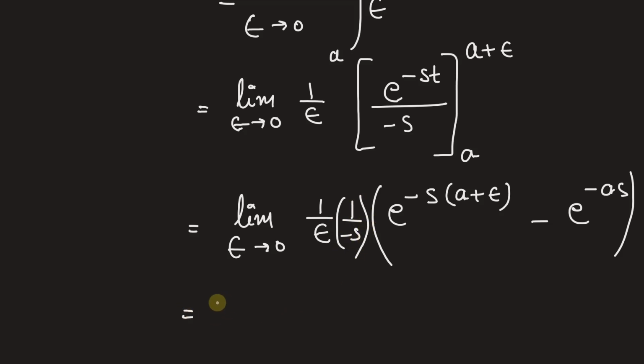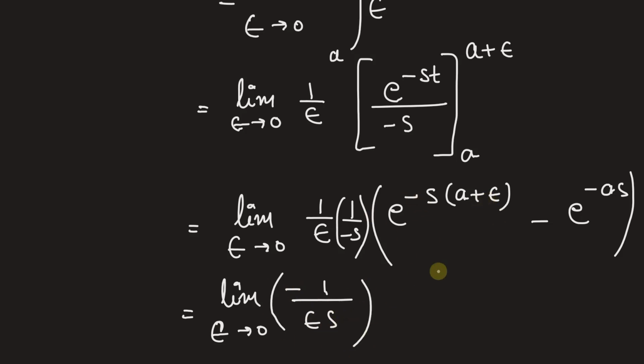Again we can write it as limit epsilon tends to 0, 1 upon negative s, which is a constant, and we can take e to the power of minus as common, so this will become e to the power of minus epsilon s minus 1.